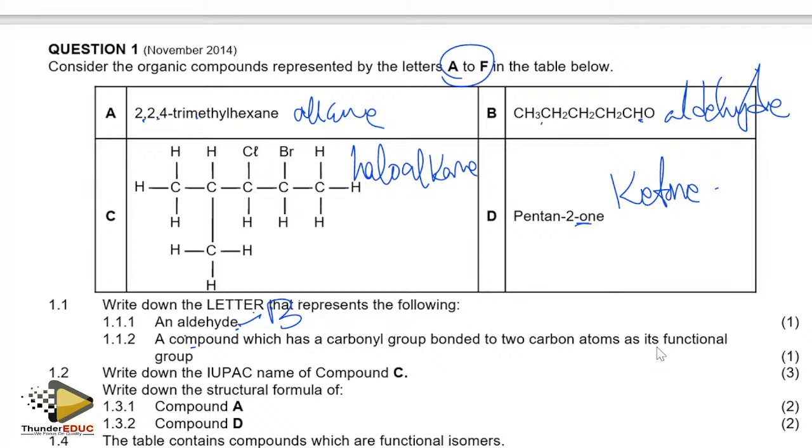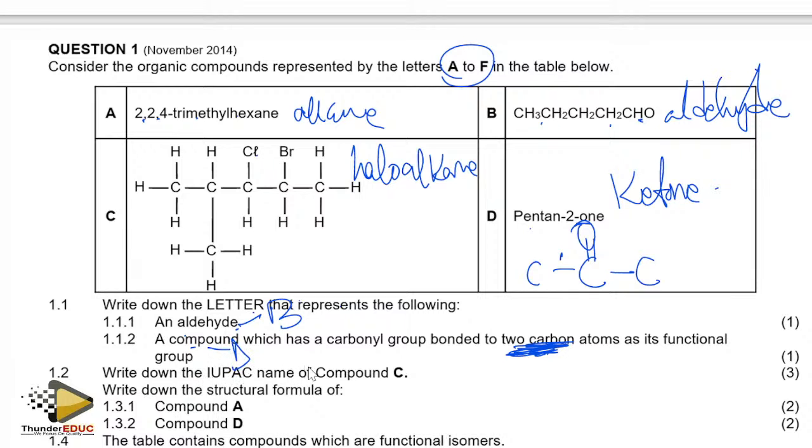So they're looking for, in this case, two carbon atoms. It's not one carbon atom, because those could be the same. But in this case, the group is bonded to two carbon atoms. Therefore it's going to be the ketone, because once you draw a ketone, you'll find it like this. It's bonded to another carbon atom on this side and another carbon atom on that side. So that's what they are trying to say. So the answer becomes D.